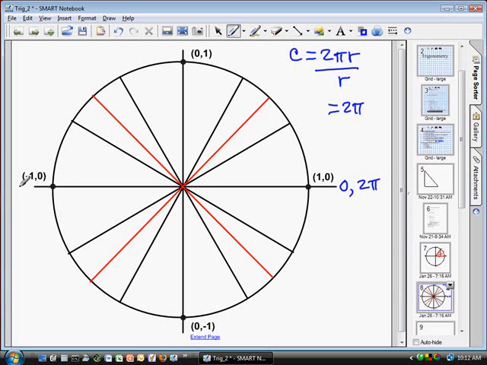So halfway around then ought to be half of 2 pi, which is, of course, 1 pi. And what's halfway between 0 and 1 pi? 1/2 a pi. And what's halfway between 1 pi and 2 pi? 1.5 pi.